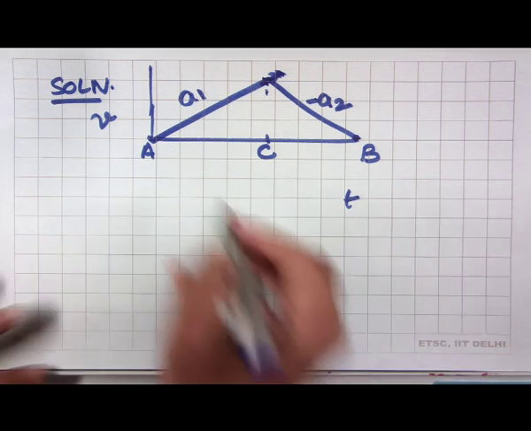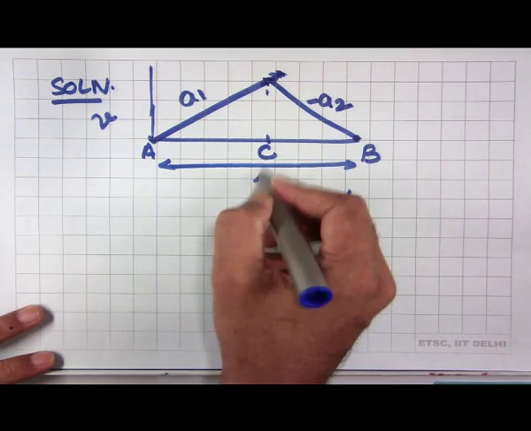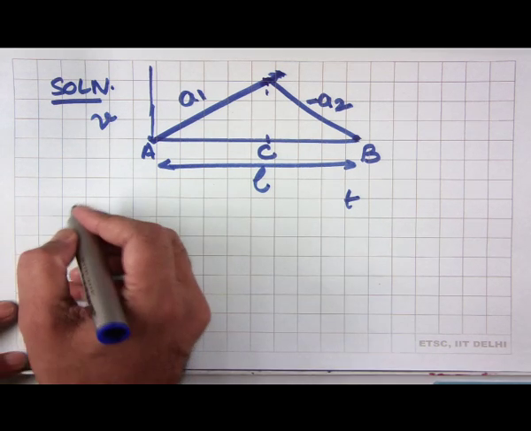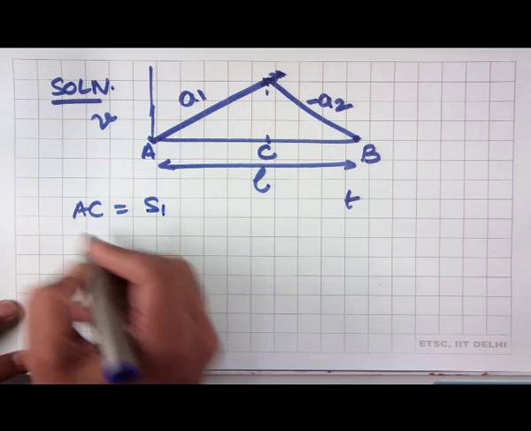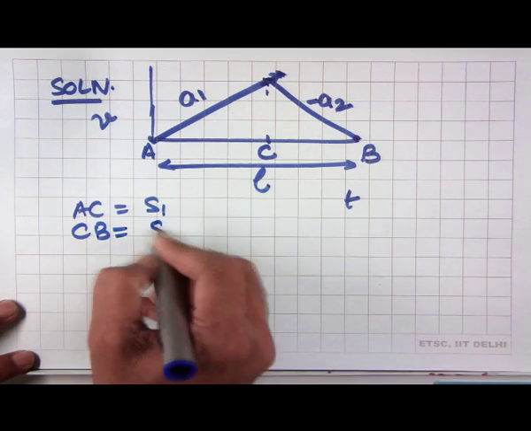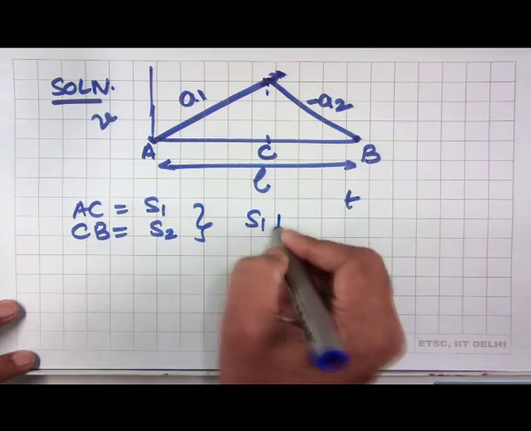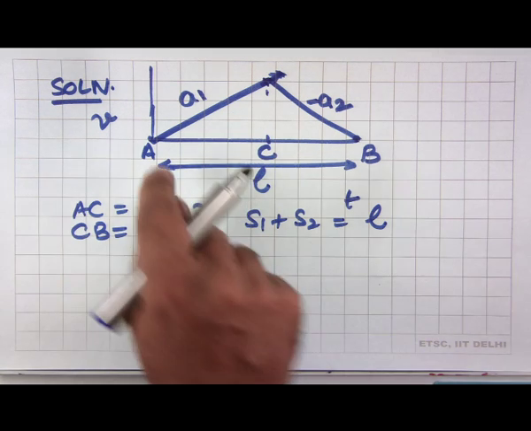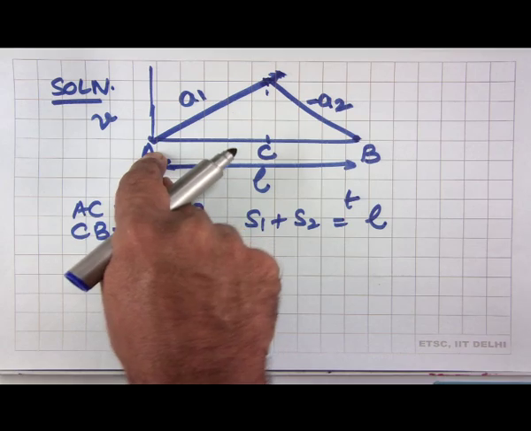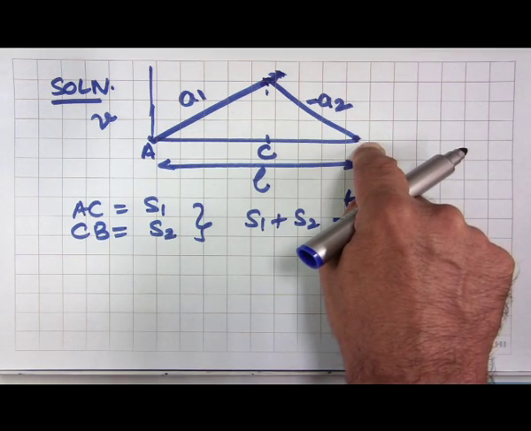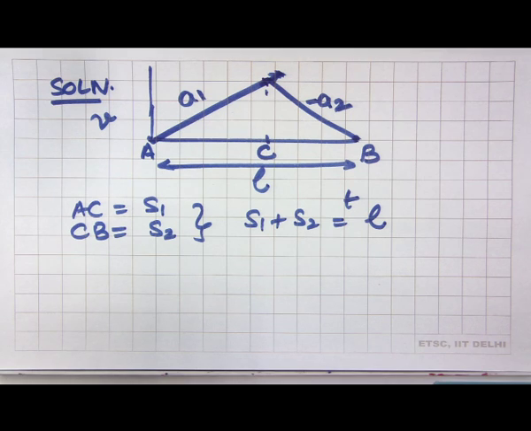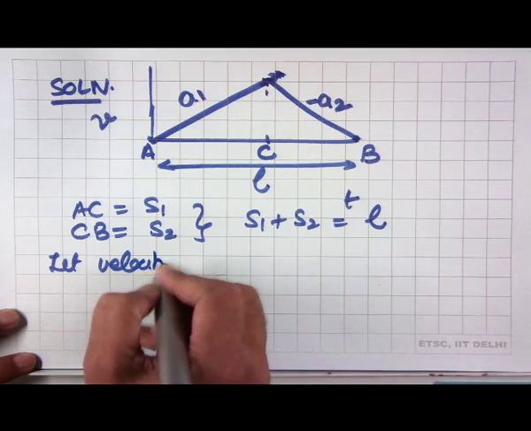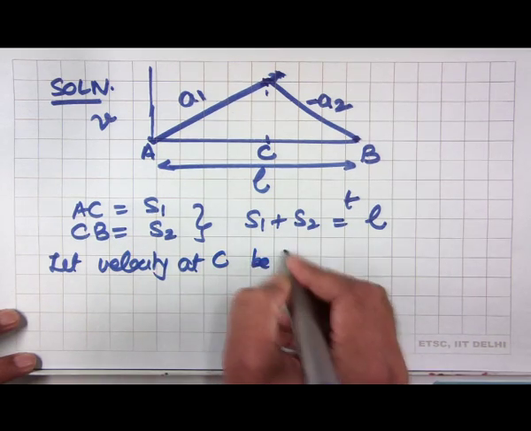What we know is that the total distance is L. Now, if AC is S1 and CB is S2, then S1 plus S2 is equal to L. We also know the velocity at point A is 0 and the velocity at point B is 0. Let the velocity at C be Vc.